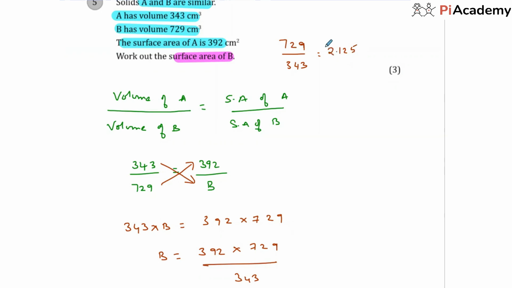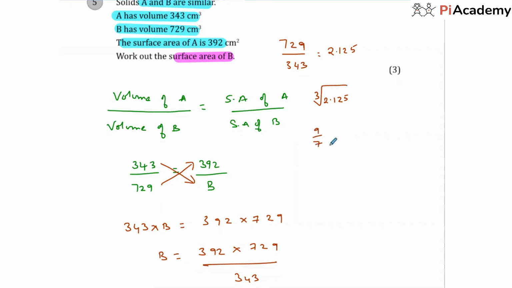And you cube root that, you get 9/7. So the length scale factor is 9/7.